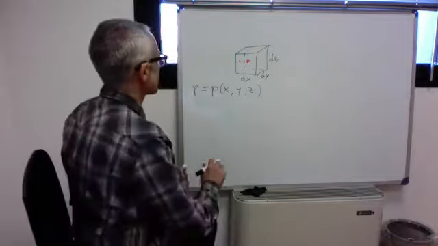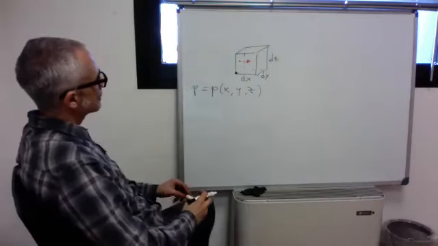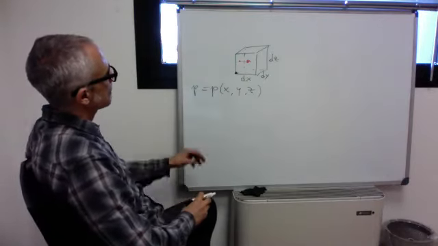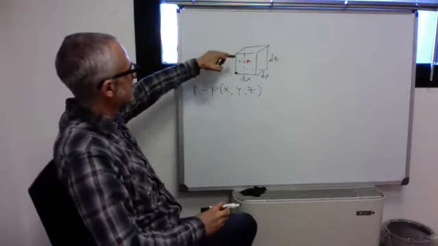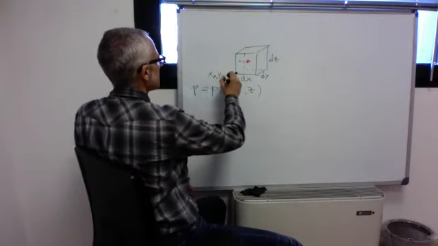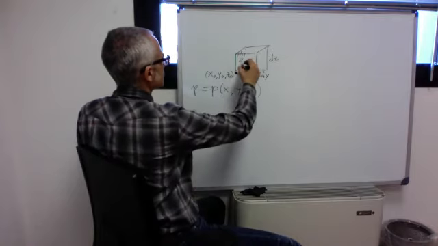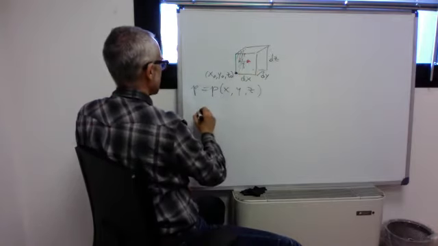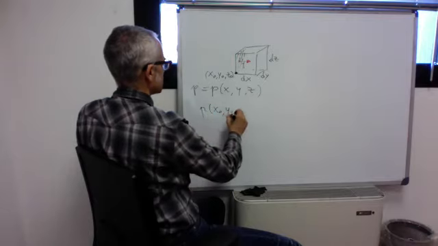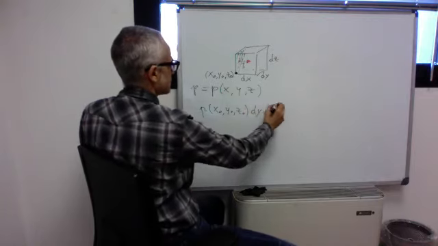Okay, so let's start from this point right here. If I call this point x0, y0, z0, the pressure applied to this side will be P(x0, y0, z0) times dy times dz.